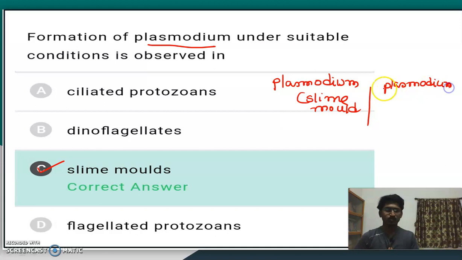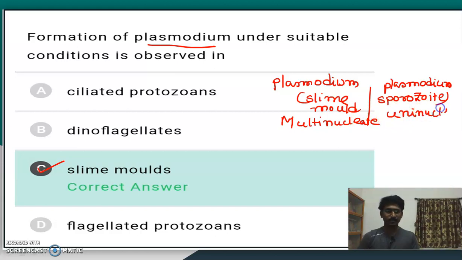The slime mold plasmodium is multinucleate, and the sporozoid plasmodium is uninucleate. The slime mold is saprophytic in nature, and the sporozoid is parasitic in nature. In case of the malarial parasite, plasmodium arises from the sporozoid condition.